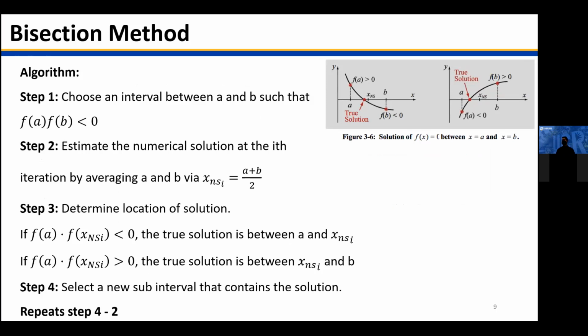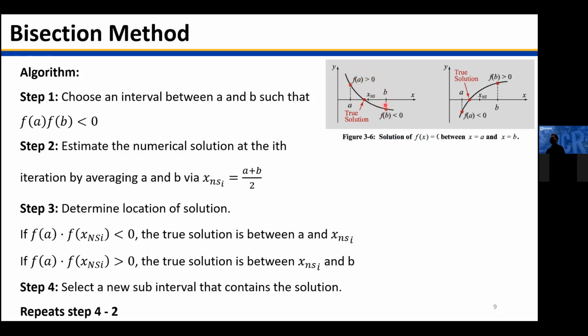Yes, exactly. So let's look at the figure. Here's our function, and here's f of A. Suppose f of A is some value. Is it positive or negative? Positive. So let's say f of A is 3, and then f of B is -1, right?